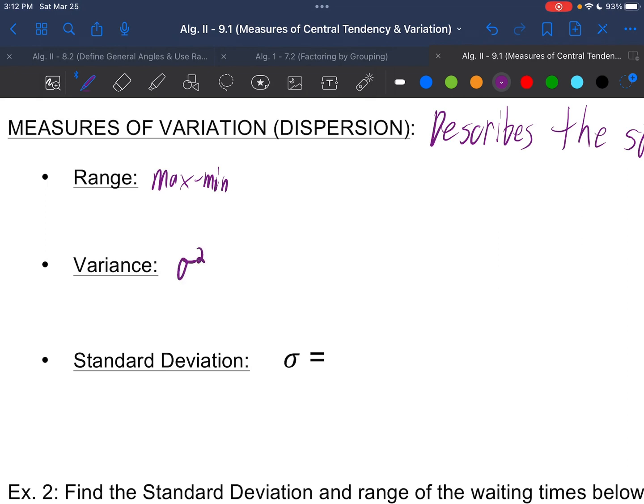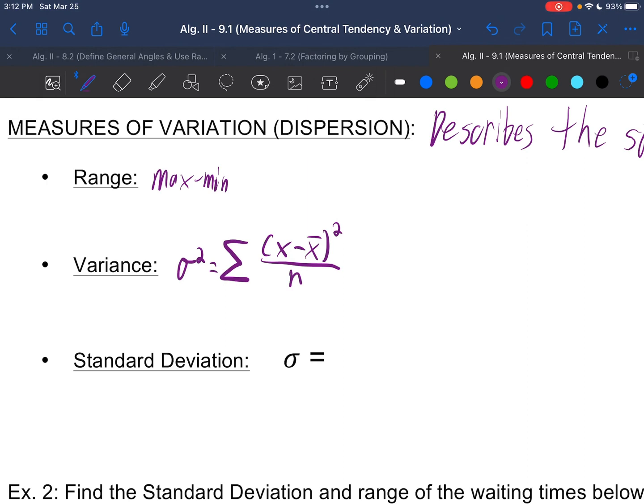Variance will be defined as this symbol. That's going to be our variance symbol, that squared, and it's equal to the sum, that means sum, of everything that follows. In this case, it's going to be whatever x value is minus the mean. So any particular x value minus the mean, squaring that, and then dividing by the number of values there are. We'll walk through that in a moment.